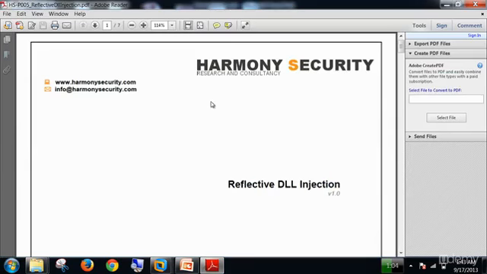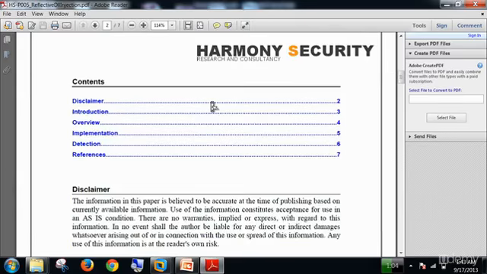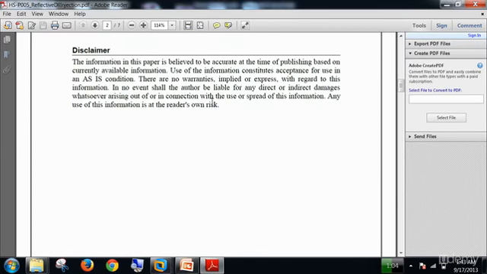This is the paper by Harmony Security. It's a research and consultancy firm, and it's really the founder of DLL injection in Metasploit. This research paper will be available to you as well. So go through this research paper, find out much more in depth about DLL injection, and you will be really greatly impressed by this paper.